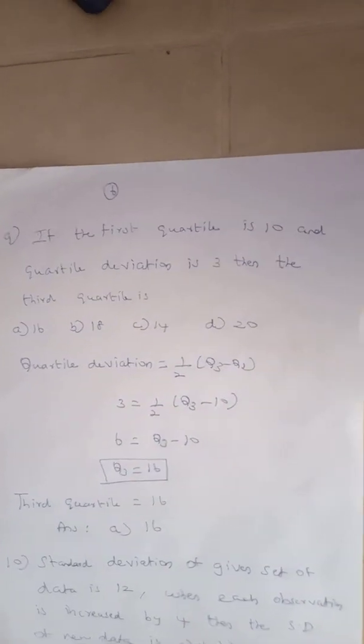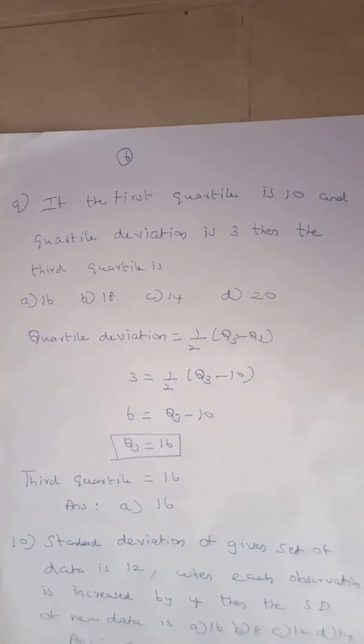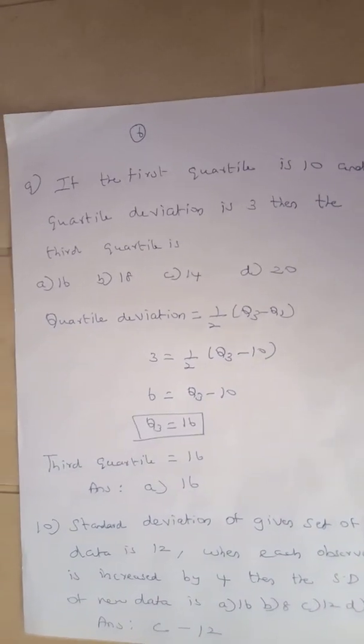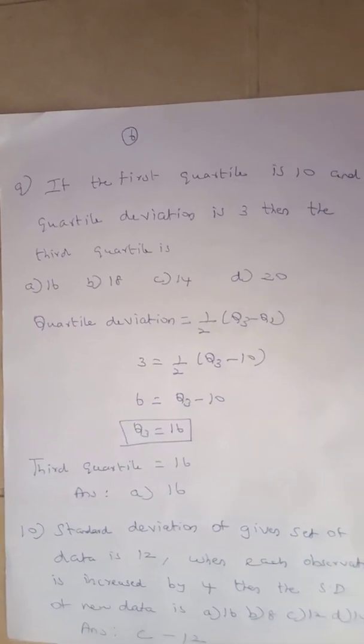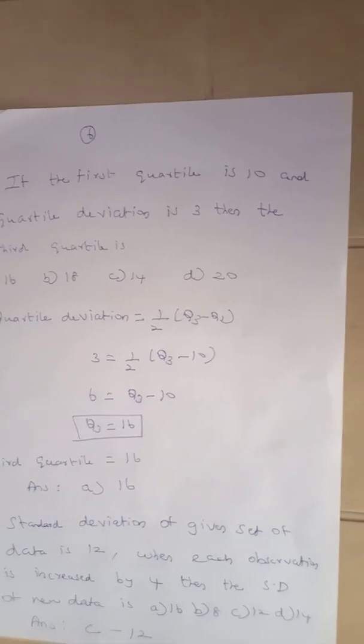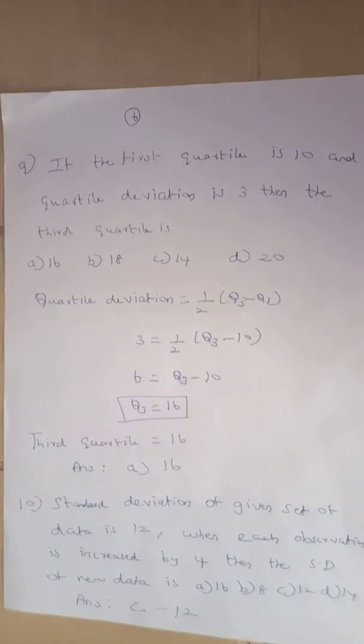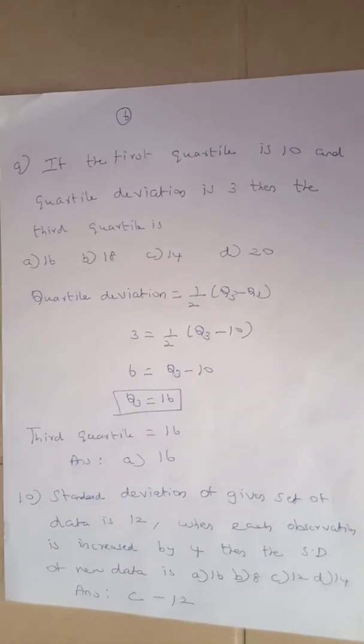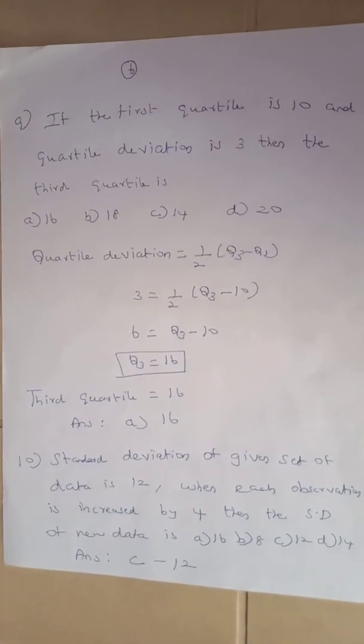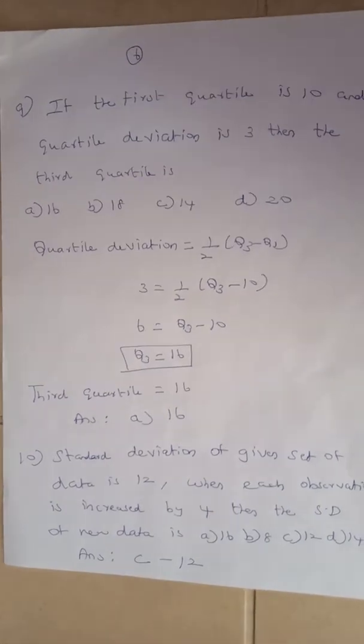If the first quartile is 10 and quartile deviation is 3, then the third quartile is option A 16, option B 18, option C 14, option D 20. So first quartile is the lower quartile, which is represented by Q1, which is equal to 10. And quartile deviation is given, QD is equal to 3.